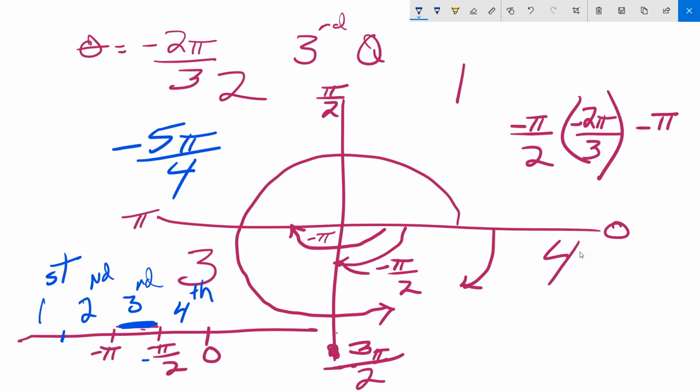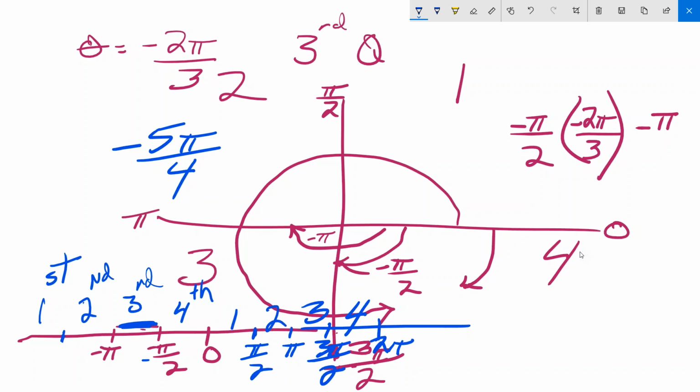If I'm going counterclockwise, pi over 2 is the first quadrant, then pi is the second quadrant, then 3 pi over 2 is the third quadrant, and then 2 pi is the fourth quadrant. So the direction goes the same regardless of which way you're going.